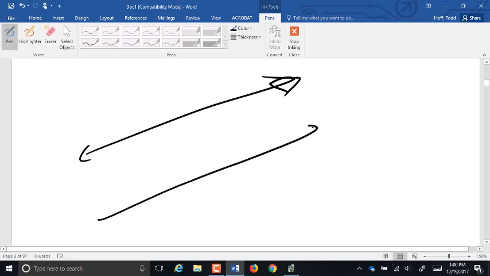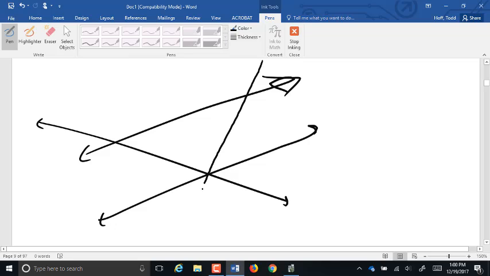Pretend that's an arrow. If that angle there is 48 degrees, this angle here is 39 degrees, what does this angle here have to be?